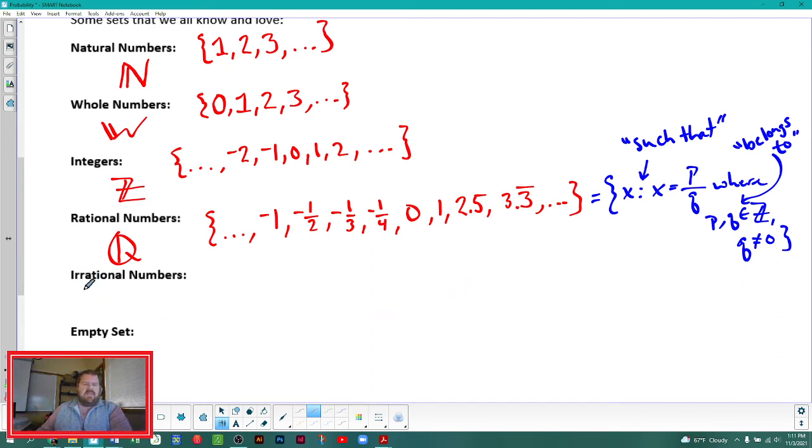The next set that we have are the irrational numbers. Okay, this is where we get to use our I, and we double bar the first one. It actually looks like the Roman numeral 2.